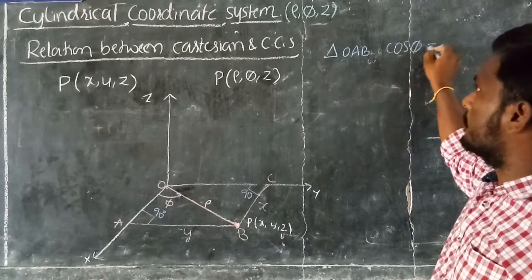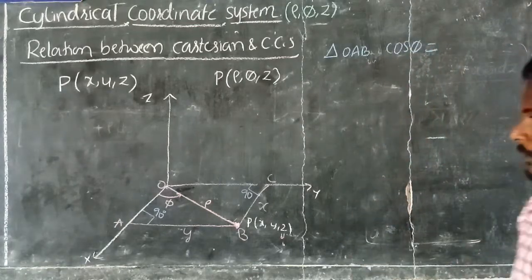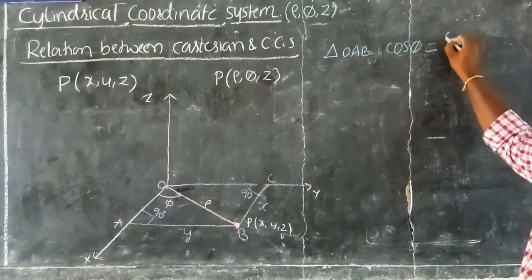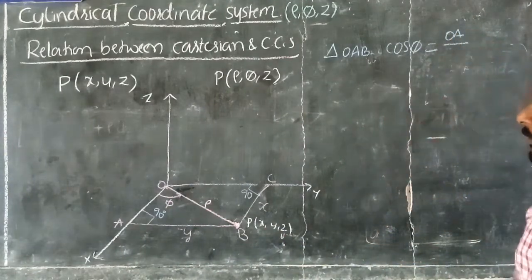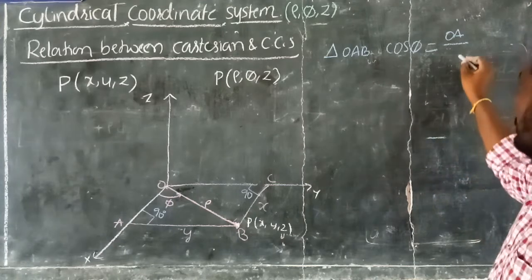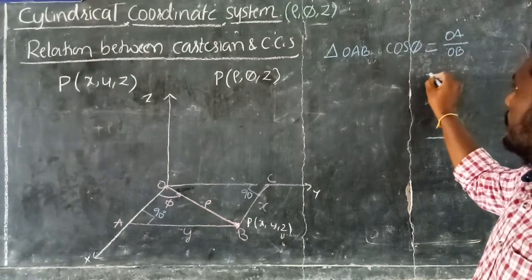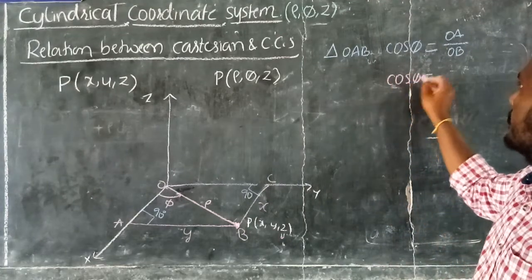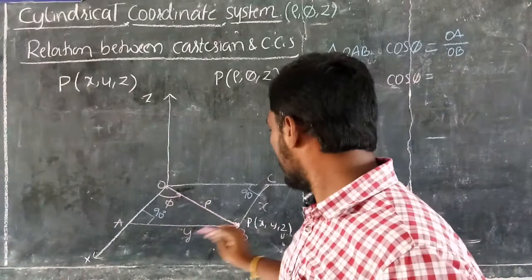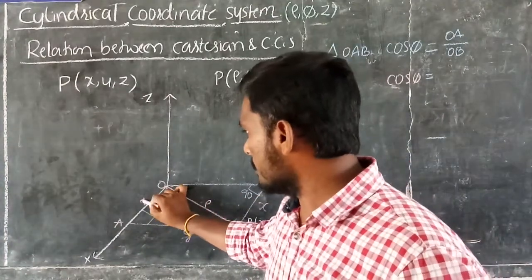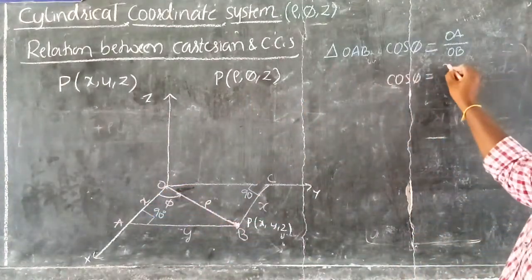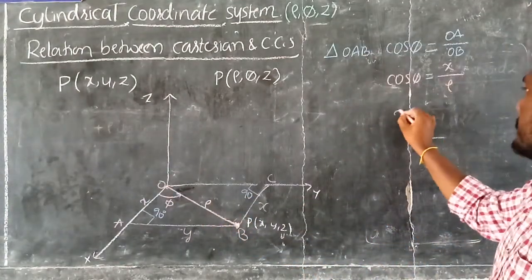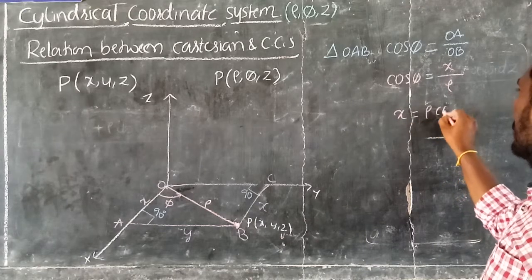Cos phi is equal to the adjacent side to this angle, which is OA, by the hypotenuse, which is OB. The length of OA is x, and OB is rho. That means x is equal to rho cos phi.